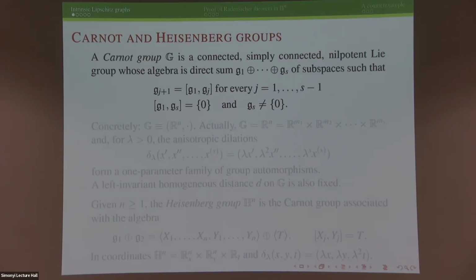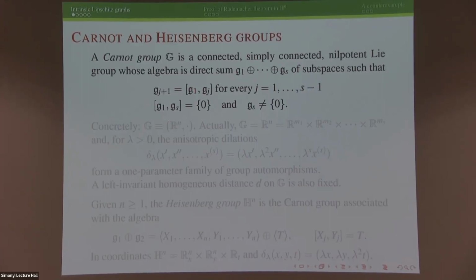So a Carnot group. Let me give the abstract, algebraic definition. A Carnot group is a Lie group which is connected, simply connected and nilpotent. This means in particular that it will be diffeomorphic to some R^n, and its associated Lie algebra is of a particular form. It is stratified. It can be decomposed into the direct sum of several layers, G1, ..., Gs, and these subspaces form a stratification.